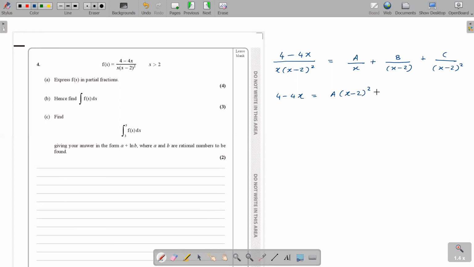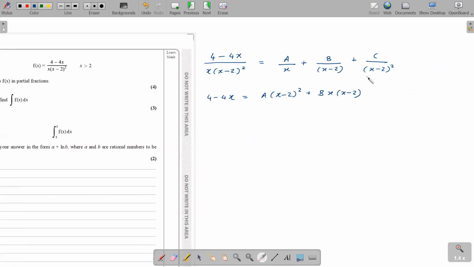With B, you get on top x times (x minus 2) squared. There's (x minus 2) squared, and there's an (x minus 2) down here. So one of the (x minus 2) cancels and you get Bx times (x minus 2). And for the C also we get x times (x minus 2) squared. The (x minus 2) squared will completely cancel out, leaving Cx. Are you okay with that?